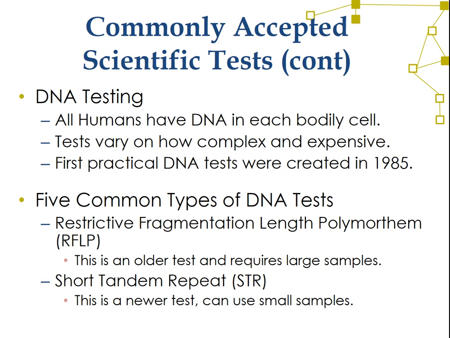But each time a new type of test for DNA is developed, it must be established that the results are scientifically valid, right? Laboratory tests to match DNA samples can be very complex, and we're not going to really discuss all of those details.